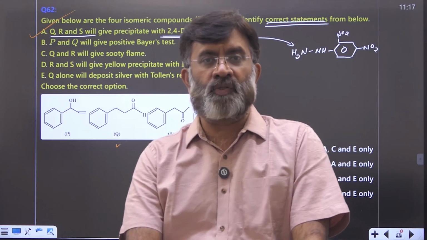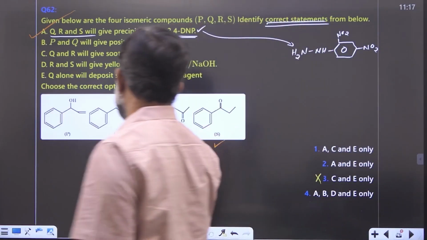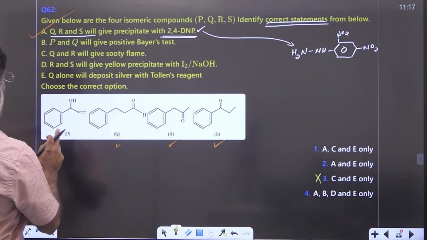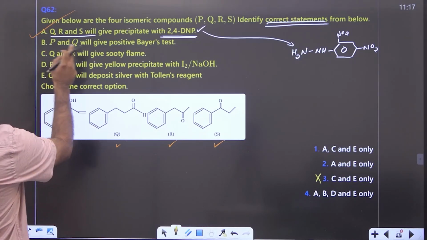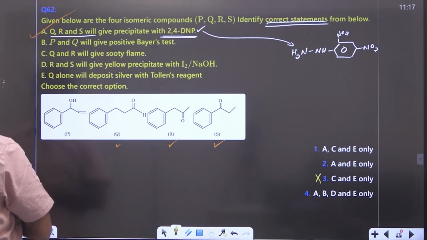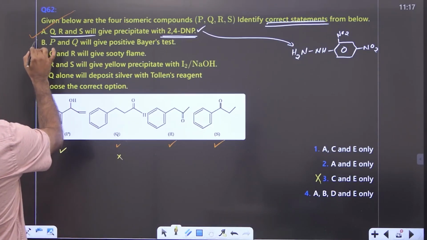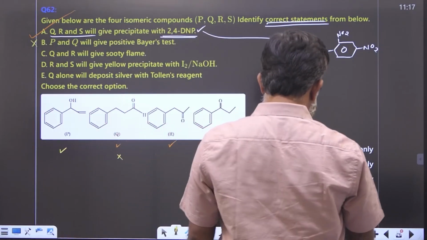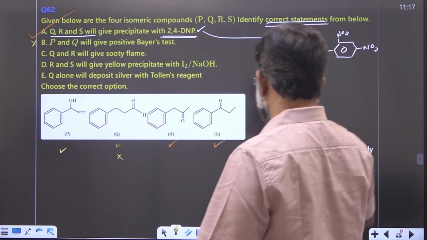That is Baeyer's test. Out of the 4, Baeyer's test is given by only P. P will, Q will not. So B is wrong. So this is out. Again, we have 2 choices.